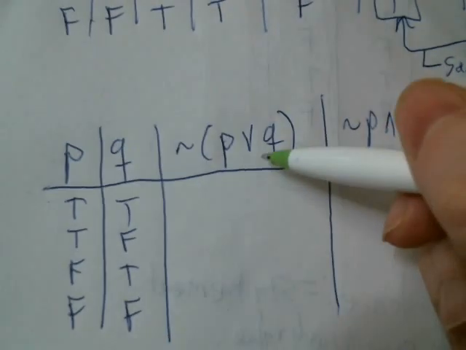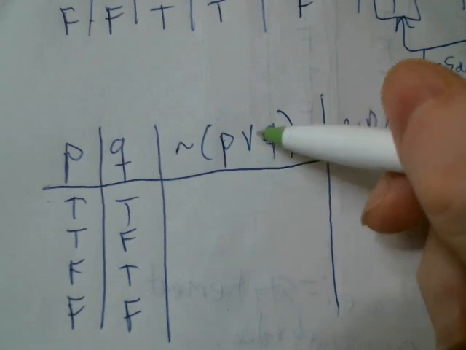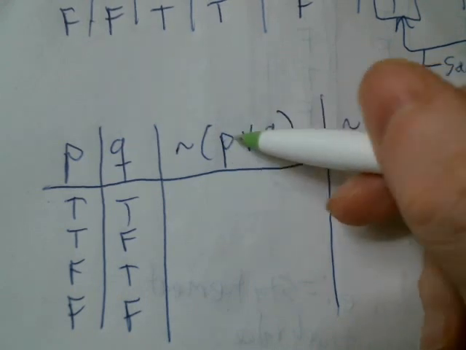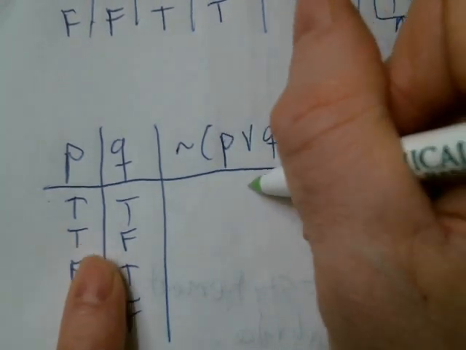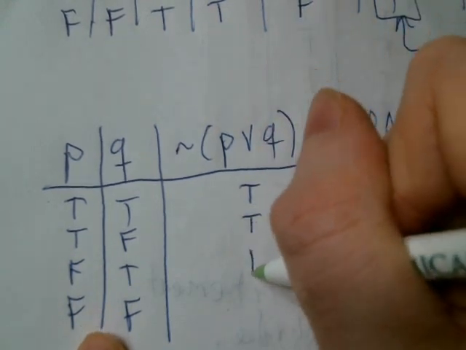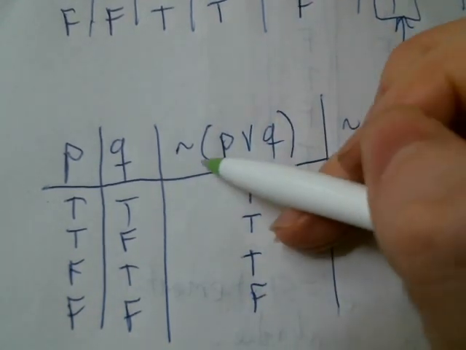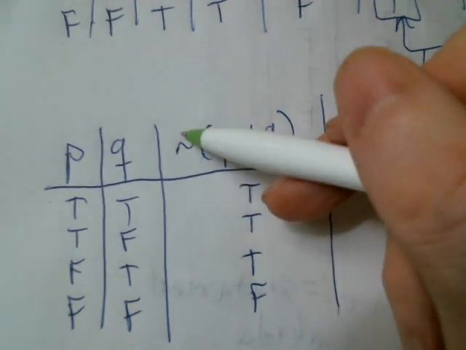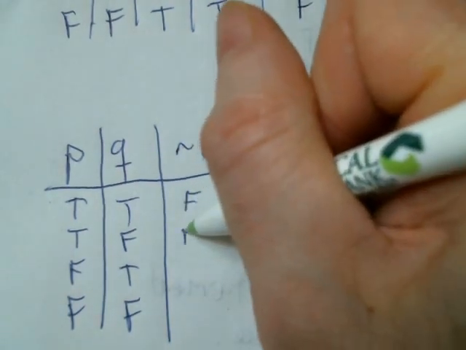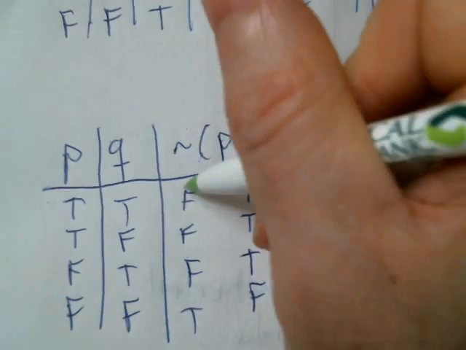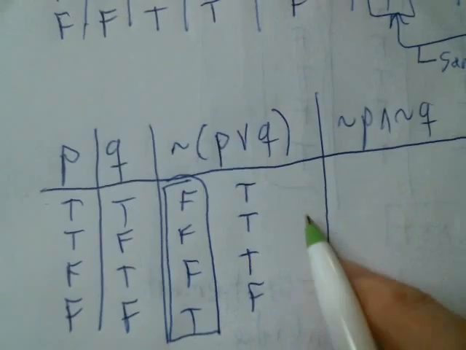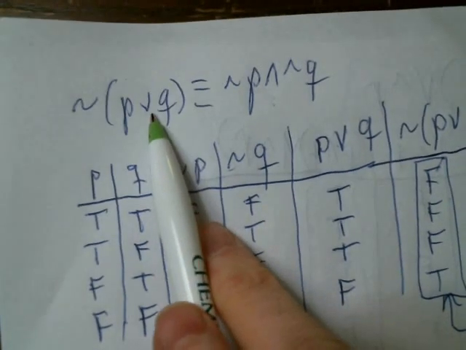I start on the inside, following order of operations. P or Q is going to be true, true, true, false. And then I negate it, so I'll take these and negate them all, and I'll get false, false, false, true. That'll be the truth value of this side.